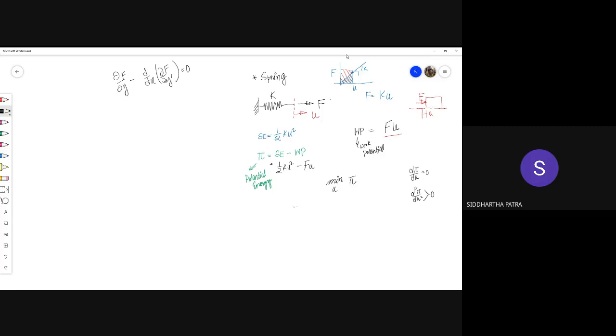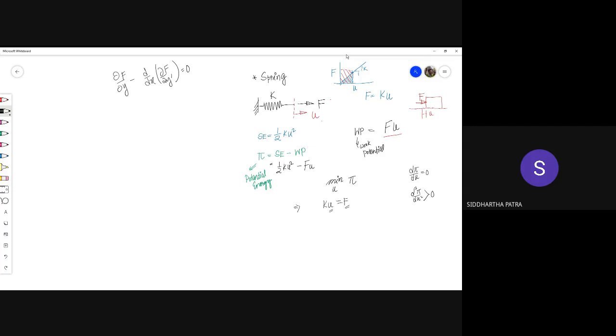Now if we do that, then you would see k u minus F equals 0, or in other words, k u equals F. That means this force was applied by the external source on a spring with a stiffness of k, and this is the response of the spring.